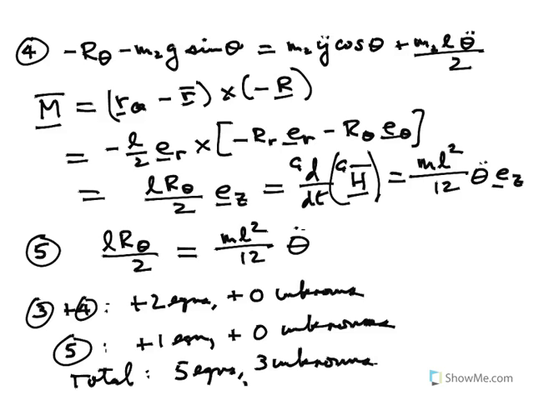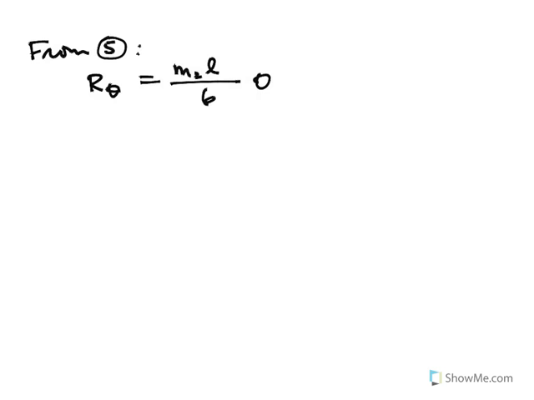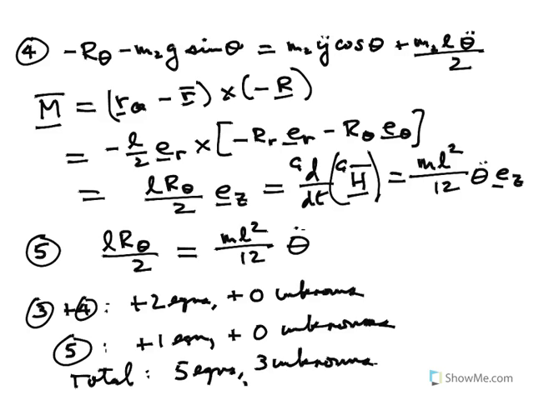So now we can start simplifying. So let's figure out how to do that. So from 5, what do we get? We get that R sub theta is equal to m2L over 6 theta double dot. And actually, to be careful about this, this is m2. So I just want to go back and make sure that we put a 2 on this.